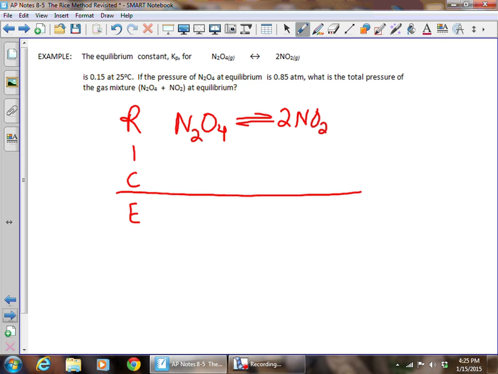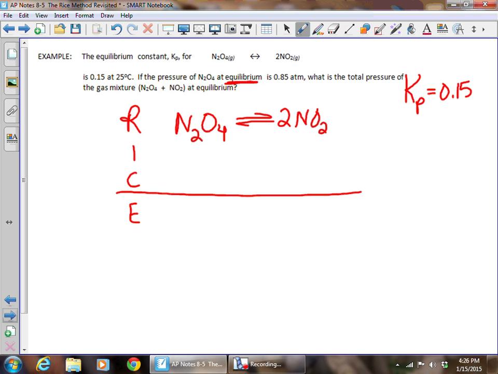What do we know? It says that the equilibrium constant is 0.15, so Kp is 0.15. It tells us the pressure of N2O4 at equilibrium is 0.85 atmospheres. Be careful, don't put that down as initial.